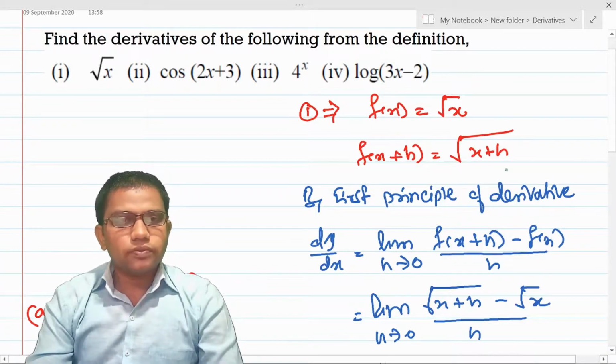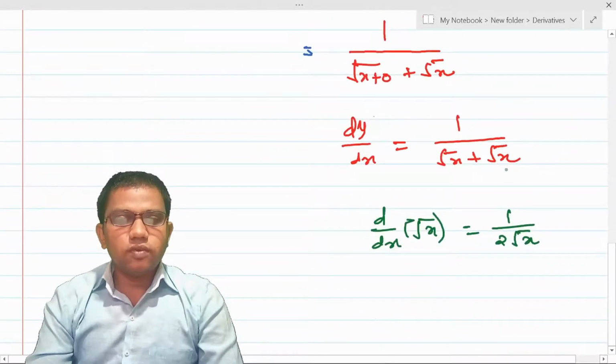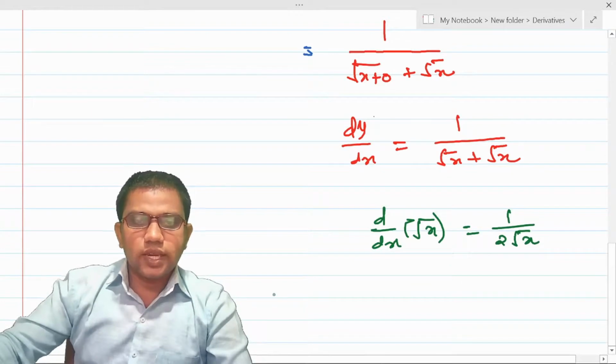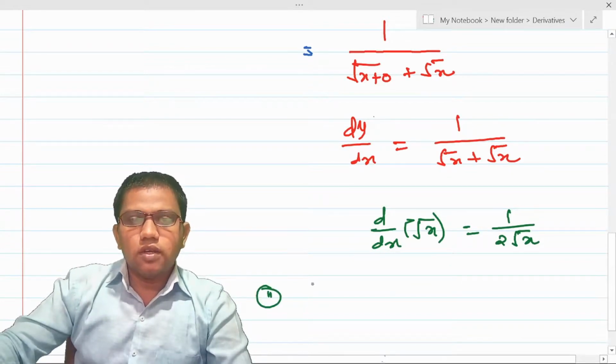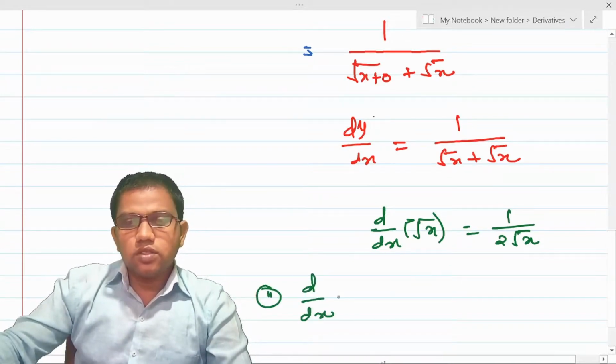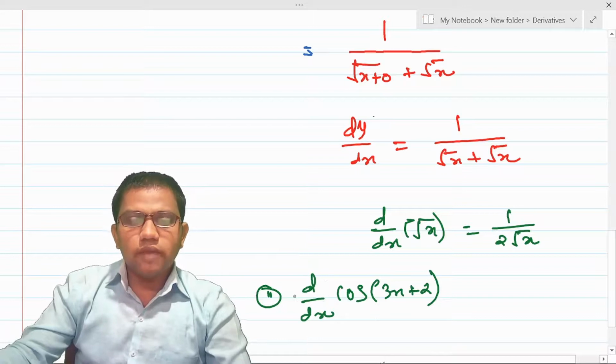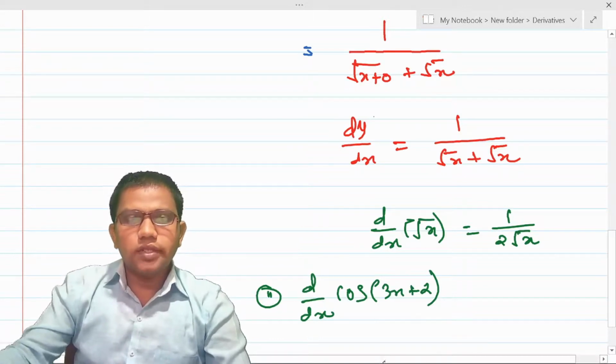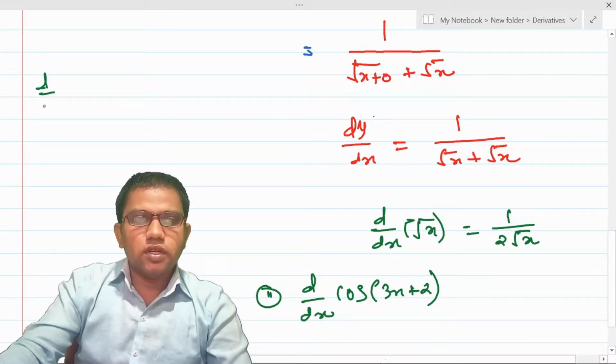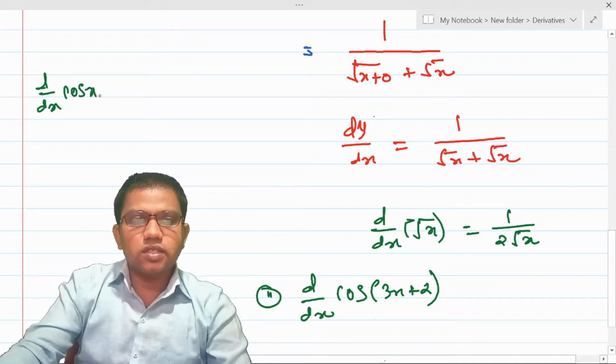Okay, now what is the derivative of cos of 3x plus 2? d by dx of cos x is nothing but minus sin x. We know that.